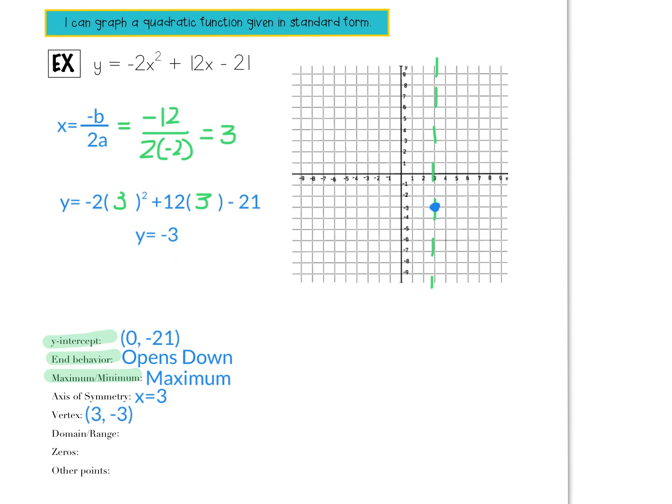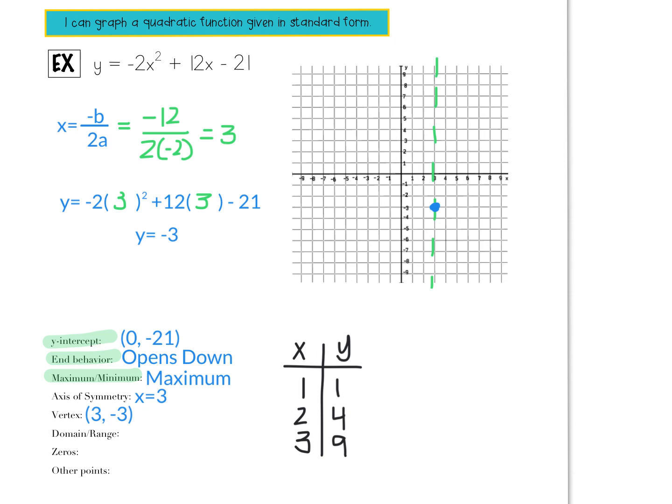So next, I could go and graph my y-intercept, which was 0, -21, but that is way down here. I can't graph that. So the y-intercept really isn't going to help us in this problem. So I'm going to go to that table. 1 squared is 1, 2 squared is 4, 3 squared is 9.